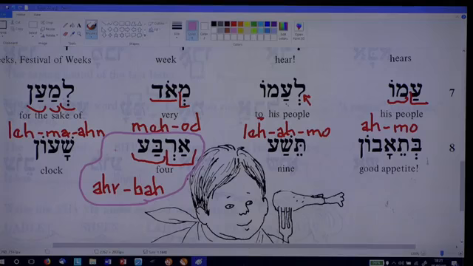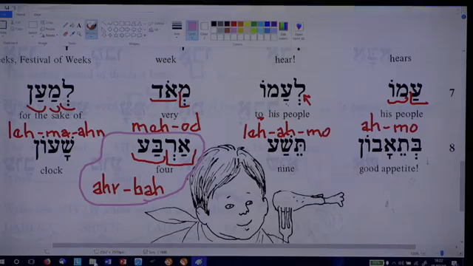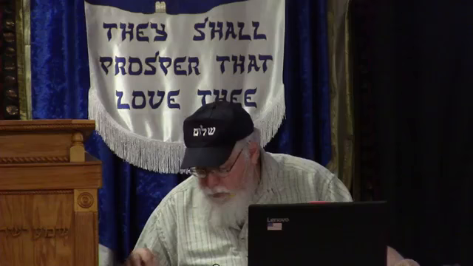Arba. Okay? Excellent. We are going to definitely go back over those more. I want to try to get this aleph-bet down so that we know our aleph-bet. Okay? We're going to go to page 23 now.